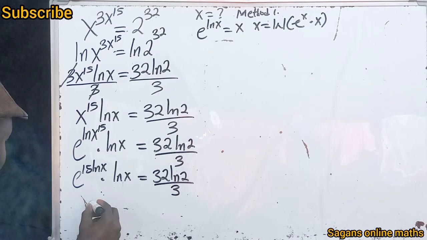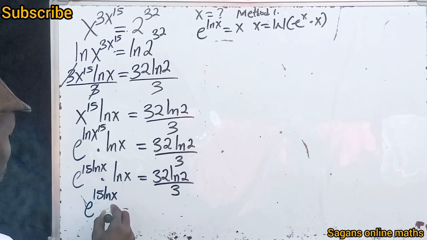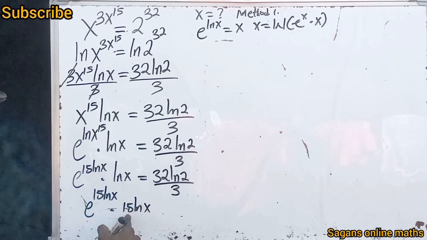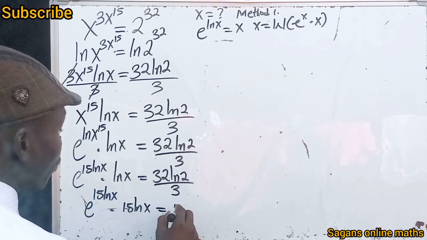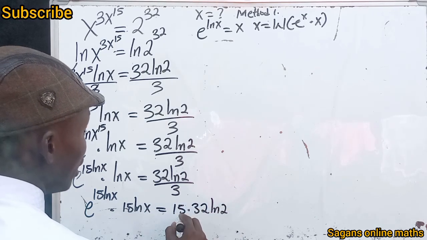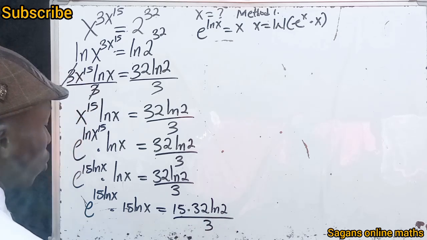So now see that e raised to the power of 15 ln x, multiplied by 15 ln x. You can see we multiply this by 15, which equals 15 multiplied by 32 ln 2 divided by 3.